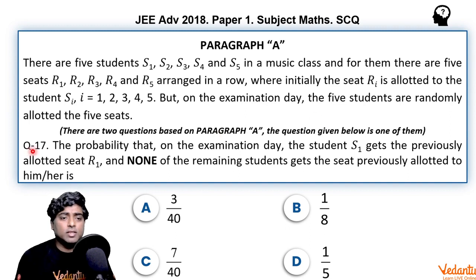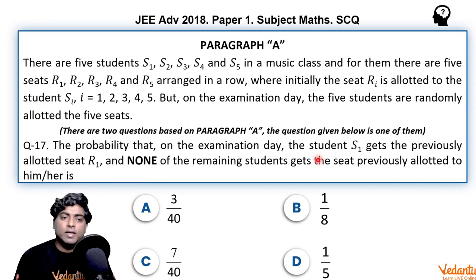Now the first question in this paragraph is the probability that on the examination day, the student S1 gets the previously allotted seat R1, means S1 goes to its own place. We have to find the probability of it, and also of this event that none of the remaining students get the seat previously allotted to him or her.